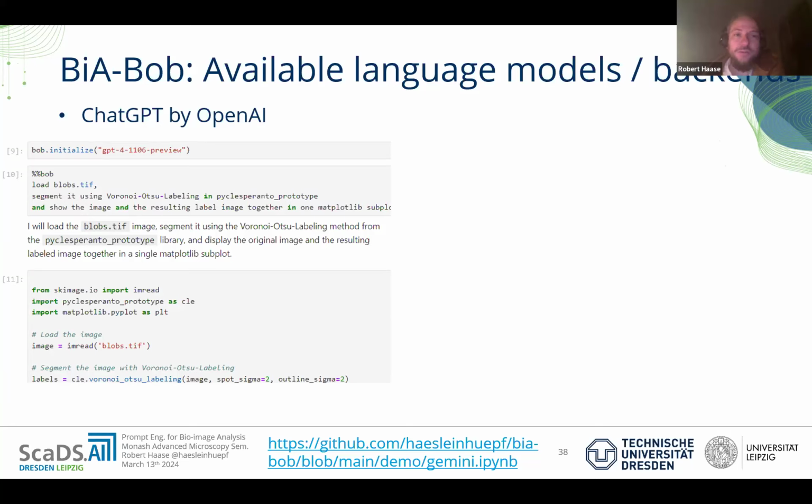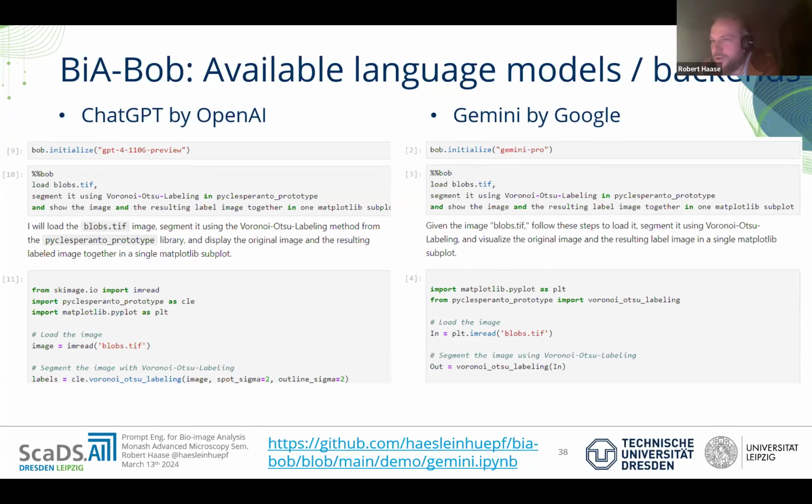So here you see BioBob, that's the technology, we call it bioimage analysis Bob. You can use it with ChatGPT. You can also precisely define which GPT version, GPT-4 1106, I was using here to produce code. And you can also use it, for example, with Google Gemini, which more people are talking about recently. And here you see both solve this problem, both produce code for answering this question.